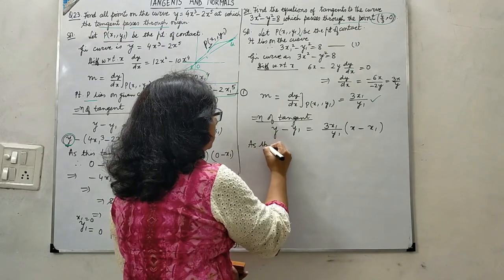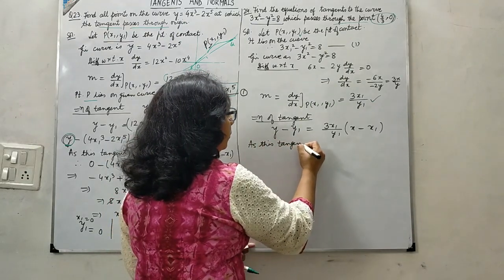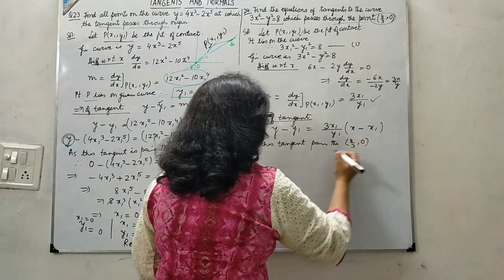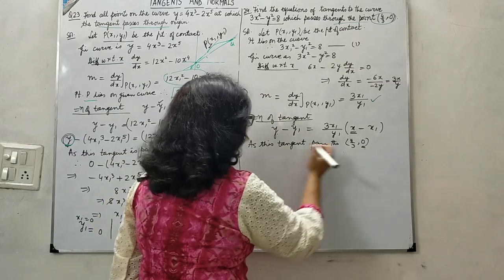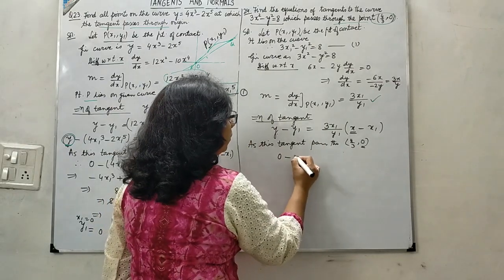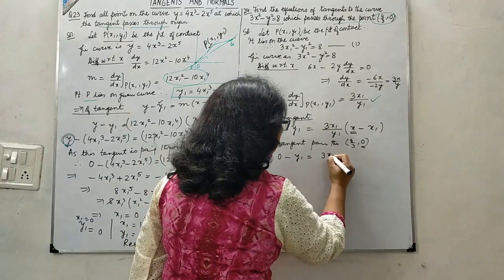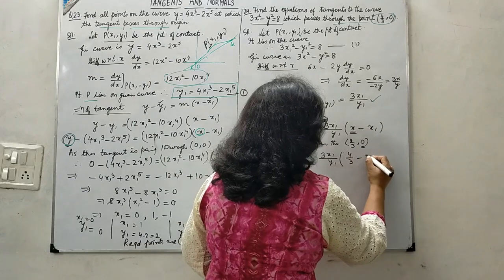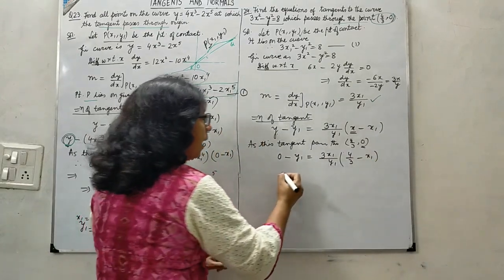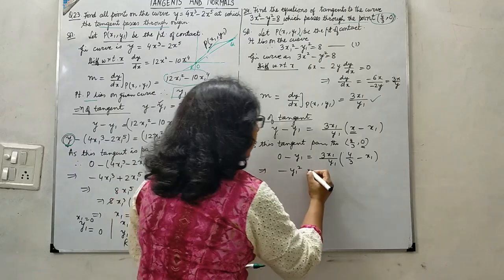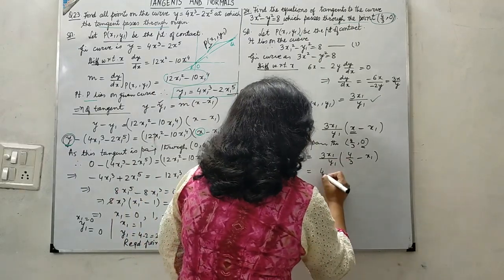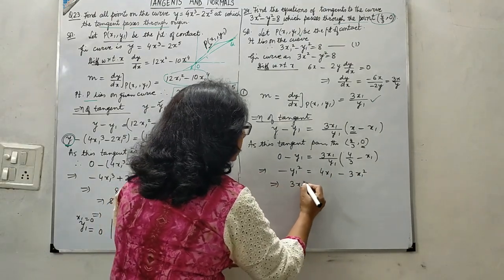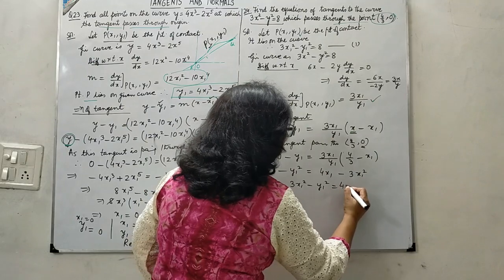Therefore, as this tangent passes through (4/3, 0), I will replace y by 0: minus y1 equal to 3x1 by y1 into x replaced by 4/3 minus x1. So we have minus y1 square as 4x1 minus 3x1 square. From this I am getting 3x1 square minus y1 square as 4x1.